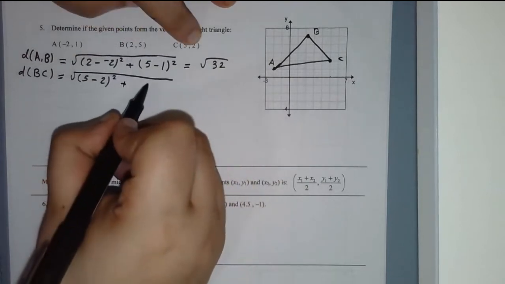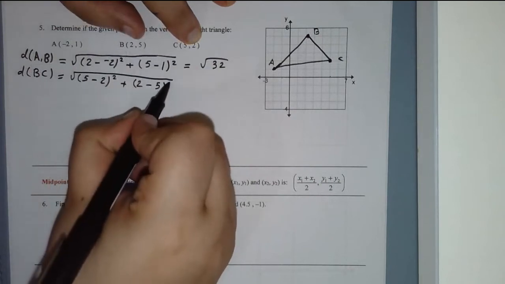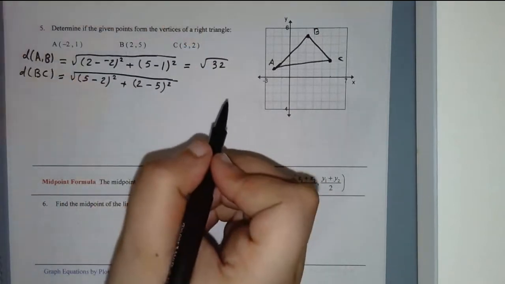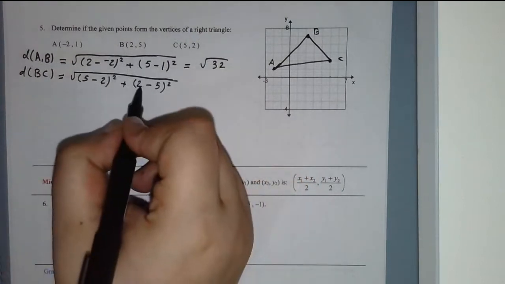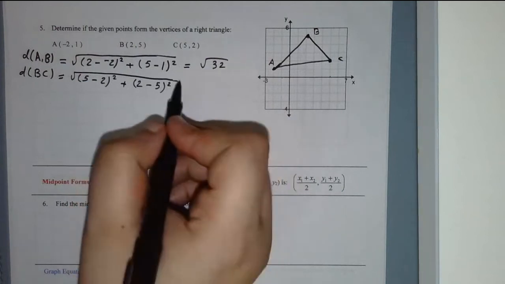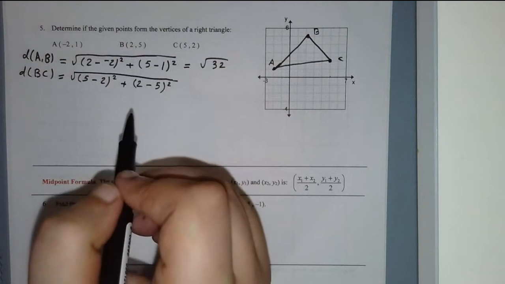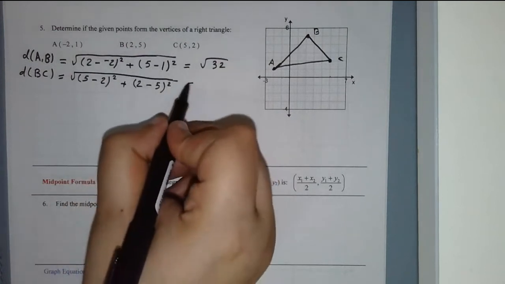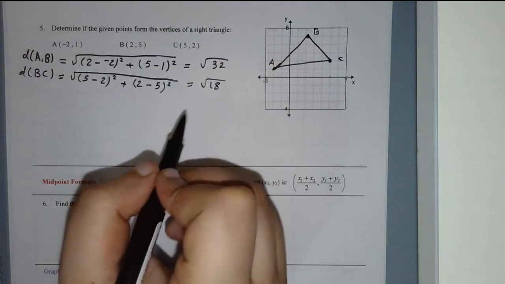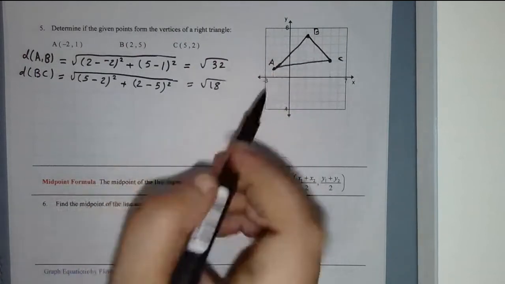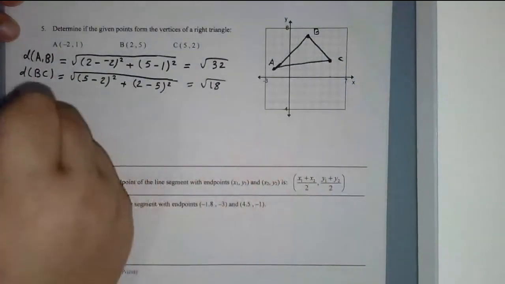Now y2 is 2 minus y1, which is 5 squared. Now 5 minus 2 is positive 3 squared, plus 2 minus 5 is negative 3, but squared, it ends up being positive anyway. So you have 9 and 9 added together, that gives you 18. So this is root of 18 right here. That's the length of that side. Let's find the last one. AC, or CA, if you will.